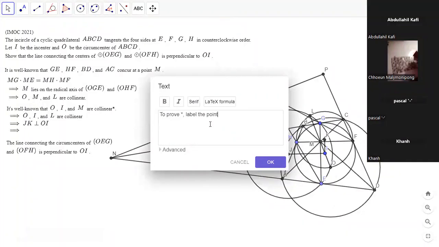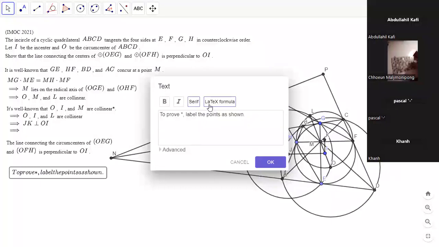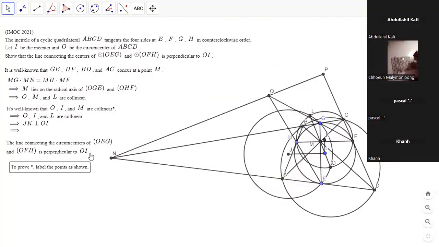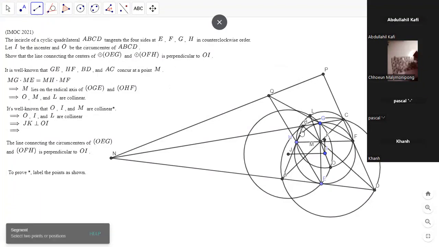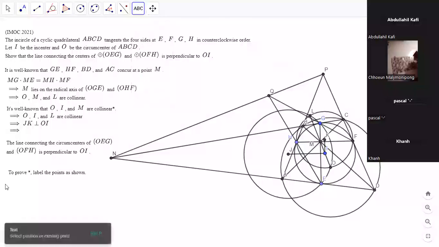Label the points as shown. And then by Brocard's theorem on ABCD, OM is perpendicular to PN.